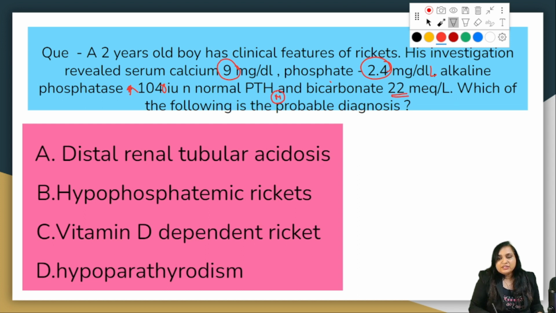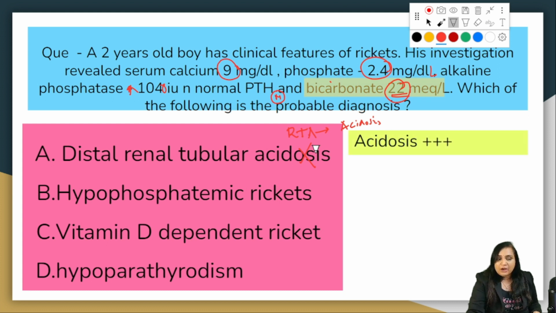Bicarbonate is 22. Which of the following is the probable diagnosis? This is also just a revision of the previous fundamentals which we have learned. Distal RTA: in RTA, there should be a presence of acidosis, right? Here we have a normal bicarb level. So bicarb is normal, so option A is out.